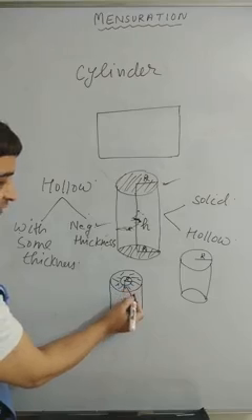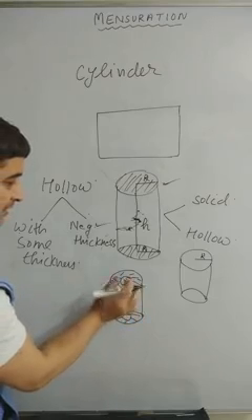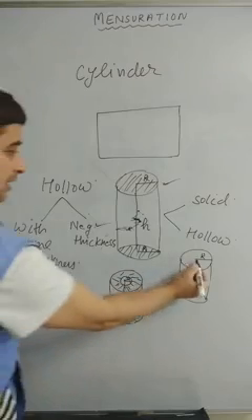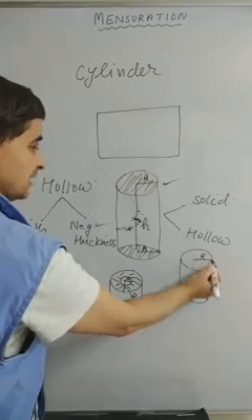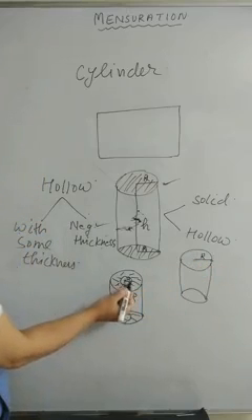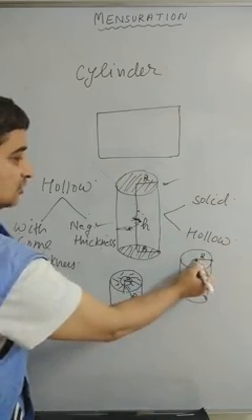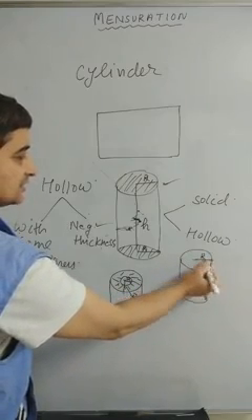This is capital R and this is small r. Here small r is the internal radius and capital R is the external radius. Since the thickness is negligible in the other case, internal radius and external radius are both the same.